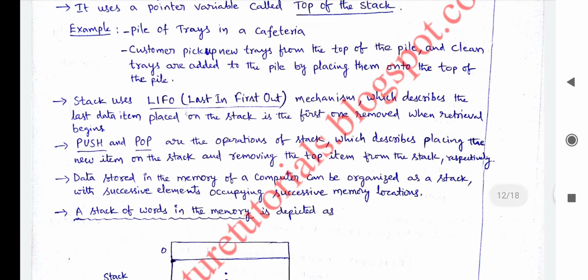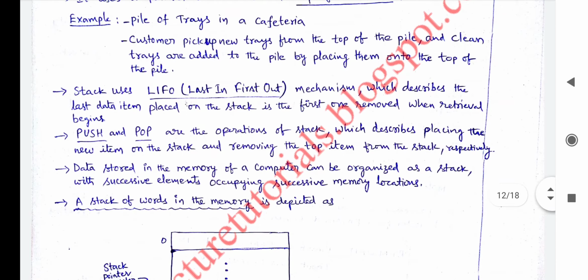Let us see an example of a stack of books. If you want to add a book, you put it on the top, and if you want to pick a book, it is also taken from the top. So this is nothing but the last in first out mechanism. A stack uses last in first out, which means the last data item placed in the stack is the first one removed when retrieval begins.